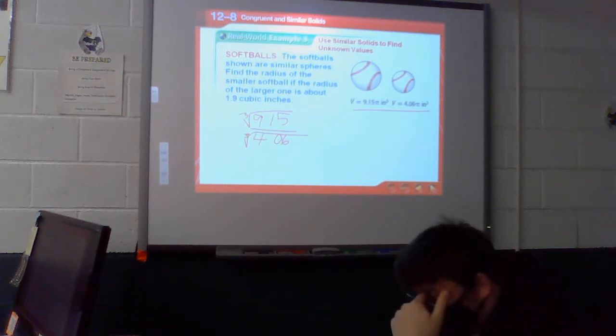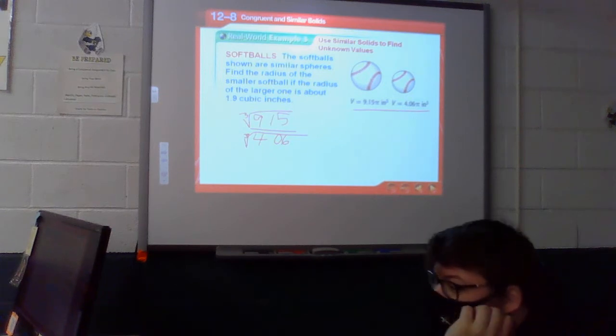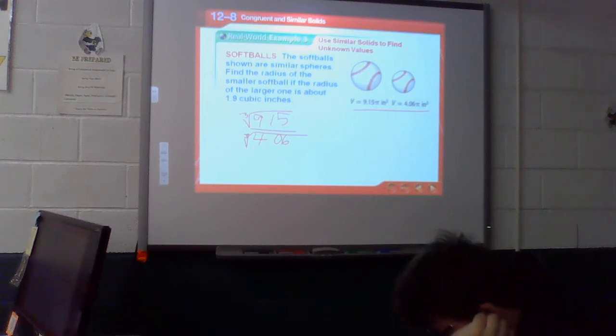And then, after you find both of those, stick them into your calculator, or just write them as a new fraction. So what's the cube root of 9.15? 2.1. What's the cube root of the other one? 1 point what? 6. Perfect.